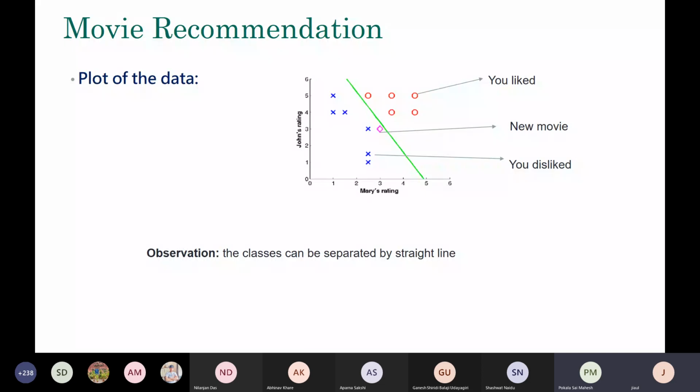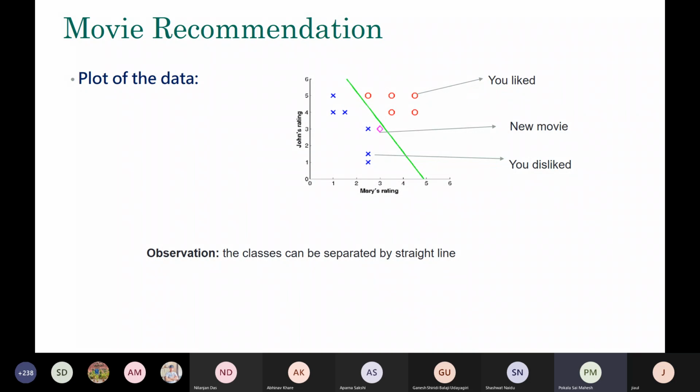If I plot this data, it is going to look like this. The red circles are movies that you liked. The blue crosses are movies that you disliked. And the new movie is the pink square box, and you have to decide whether you are going to like it or not.